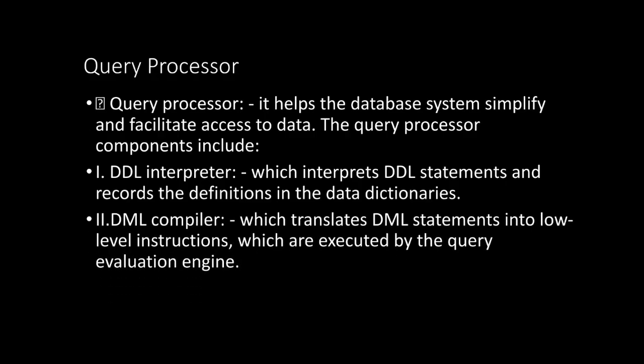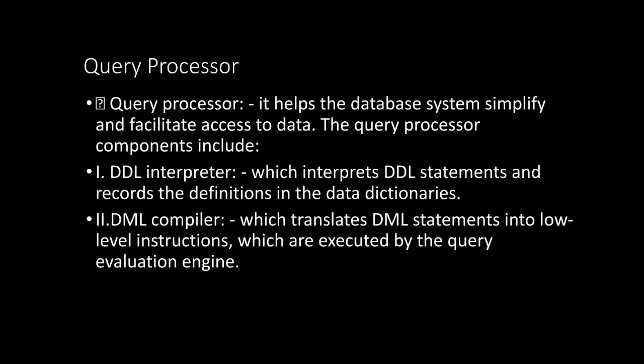Next comes the DML compiler. This DML compiler uses the linker for compilation. Okay, remember that. Next, what is its job? It accepts the queries, then translates them to low-level instructions.